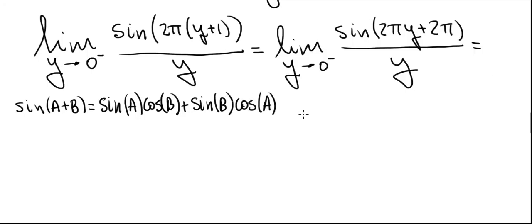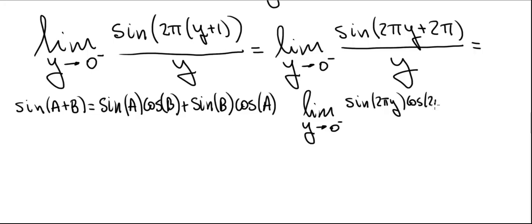So this becomes the limit as y goes to 0 from the left of sine of 2 pi y times cosine of 2 pi plus sine of 2 pi times cosine of 2 pi y, all divided by y.